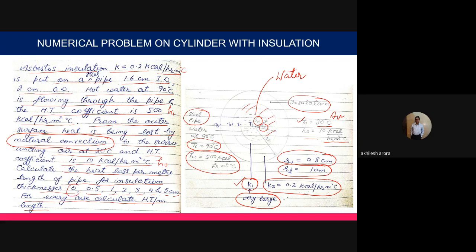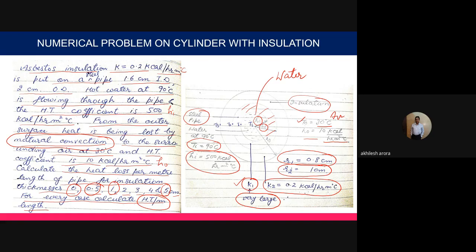The first case is when the insulation thickness is 0, that means there is no insulation. The second is an insulation thickness of 0.5 centimeter, then 1 centimeter, then 2, 3, 4, and 5 centimeter. And for each case, we have to calculate the heat transfer per meter length. So let us see how we can solve this numerical problem.